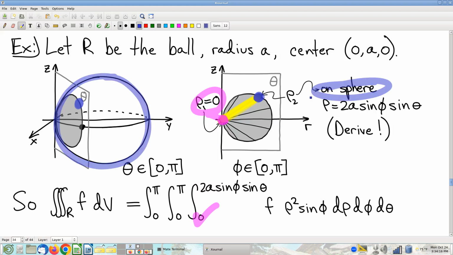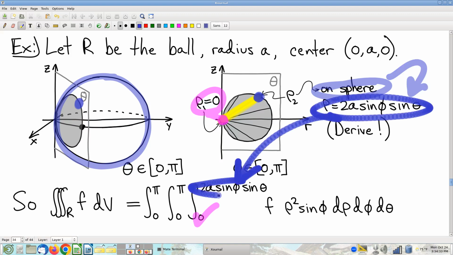And the sphere has an equation that you can write down in rectangular coordinates using high school algebra, based on a given radius and given center. Write down that equation, convert into spherical coordinates, and that gives you your upper bound for rho.